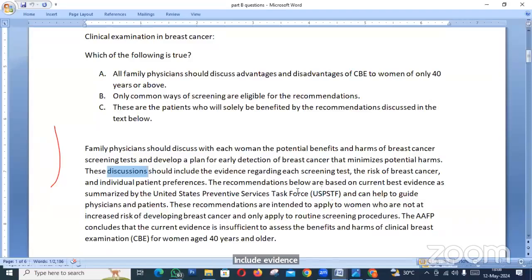The recommendations below are based on current breast cancer evidence as summarized, and can help to guide physicians and patients. These recommendations are intended to apply to women who are not at increased risk of developing breast cancer and only apply to routine screening procedures. Only common ways of screening are eligible for the recommendations. These are the patients who will solely be benefited by the recommendation discussed in the text below.